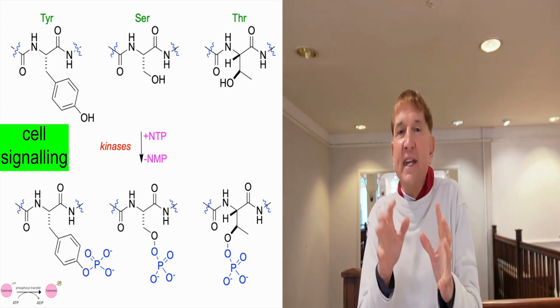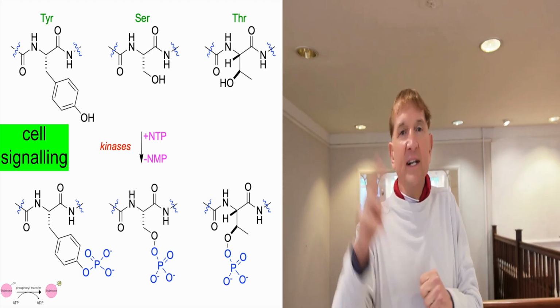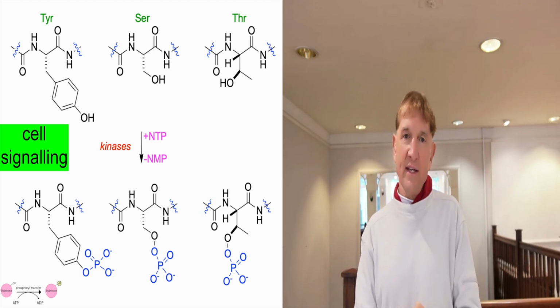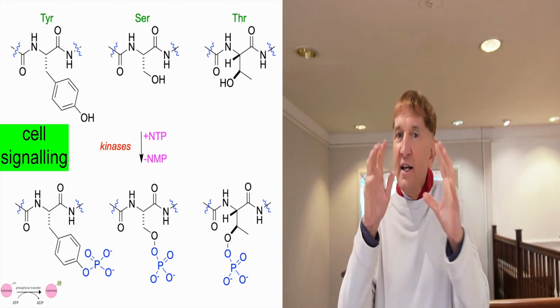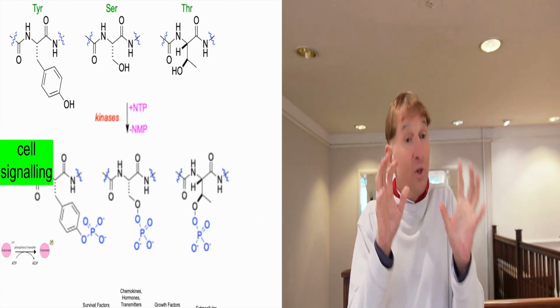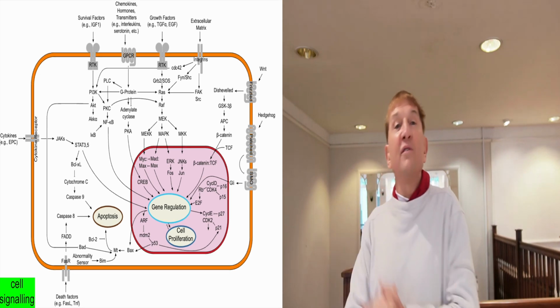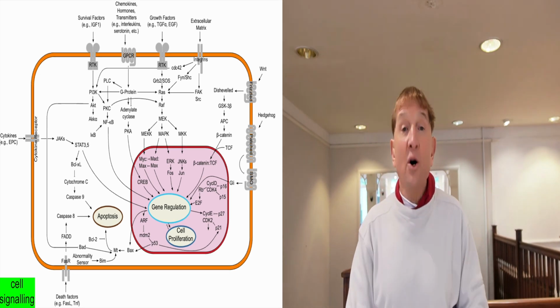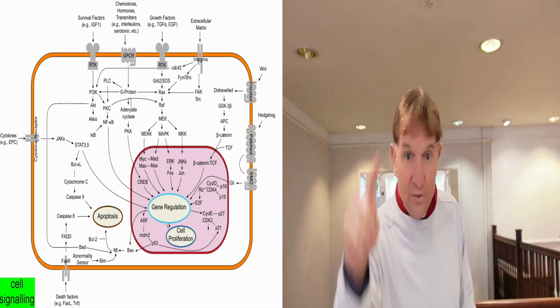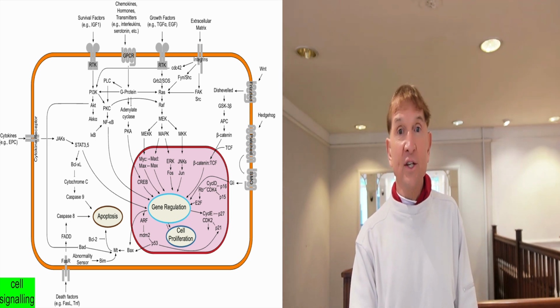Kinases mediate the formation of tyrosine, threonine, or serine phosphates. And therefore, they trigger sequences of protein-protein interactions, usually involving many steps of phosphorylation. And ultimately, those processes lead to an interaction near the nucleus.